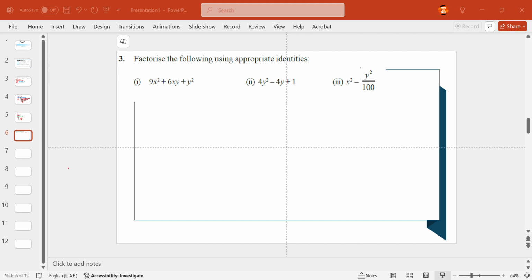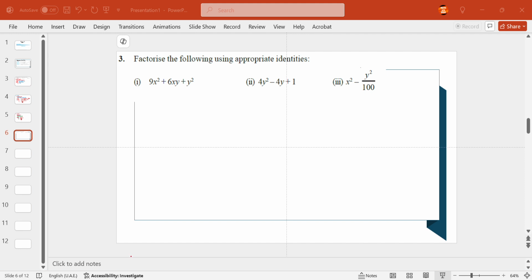Try to write the steps like this, and no need to draw this underline, which I do. So now b square is equal to y square by 100. Can I write it as y by 10 whole square? So that implies b is equal to y divided by 10.